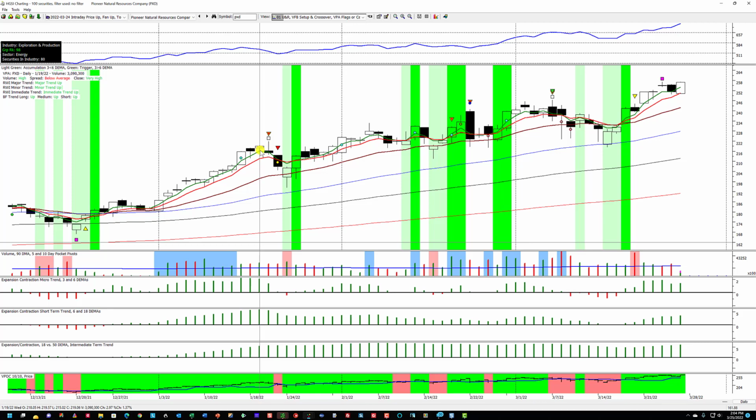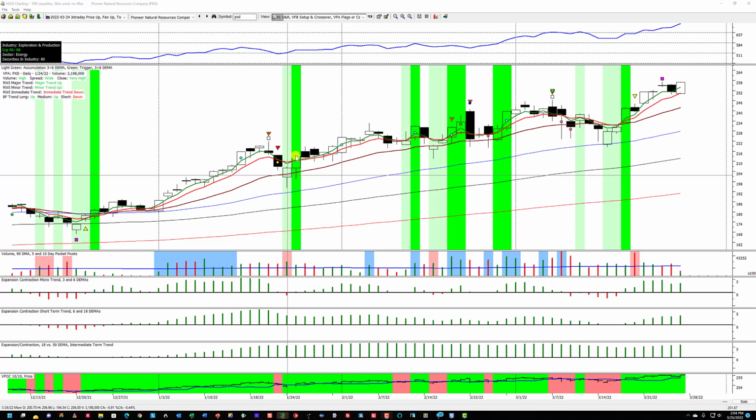Just because it shows up doesn't mean it's a buy, but it did pull back here. Here's an accumulation day. 2 candles, no VPA, but I remember I put the requirement of a candle or a VPA or a combination of both to show accumulation. Here's the crossover day, and it has moved up nicely since then.